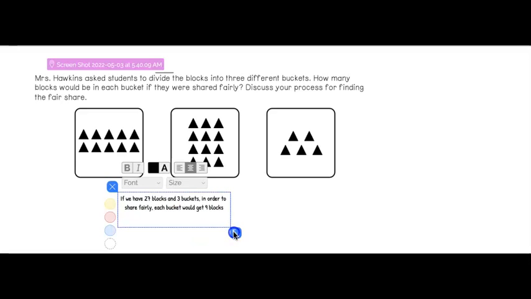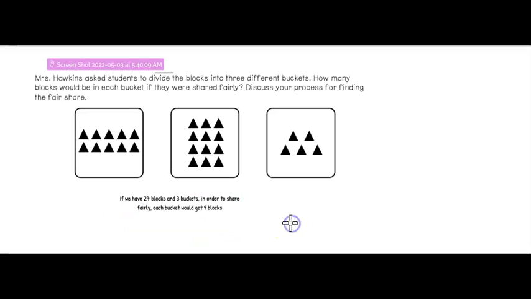Each bucket would get 9 blocks, because if you take 27 and divide it by 3 for each of the buckets, you're going to put 9 blocks in each bucket for it to be distributed fairly.